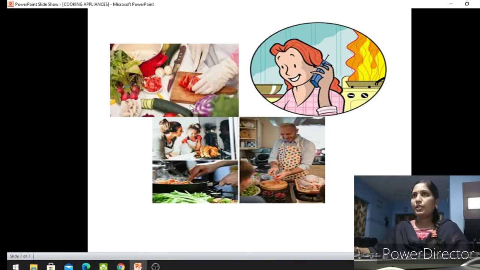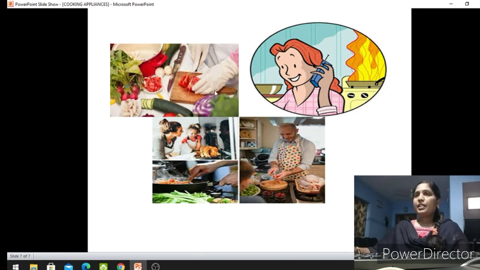Can you guess why they are wearing the gloves? You can also see in some hotels and some areas the food suppliers and visitors wear gloves and caps. Did you observe that?